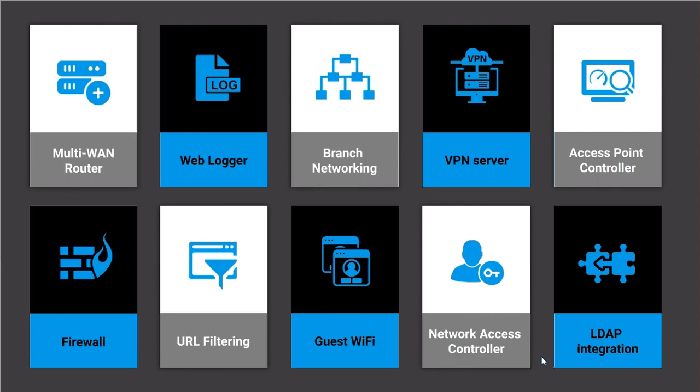So this is just a summary of all the functionality that we have. Multi-WAN router, so you can have multiple WAN networks all aggregating the traffic through UniBox, and it also provides failover along with it. UniBox can also be used for branch networking or for SD-WAN feature.